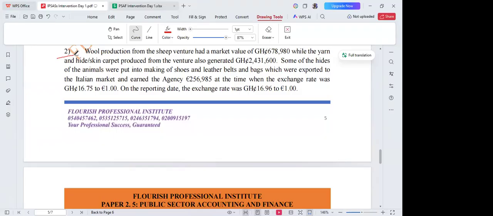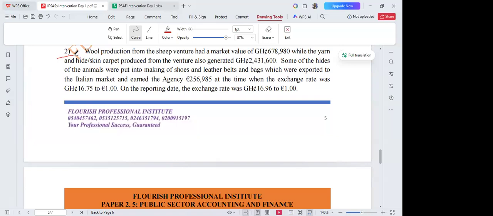So yeah, first thing you have to check is the agricultural produce we have here. When you go into this question, what are the agricultural produce you see? Okay, Faustina, your hand is up.